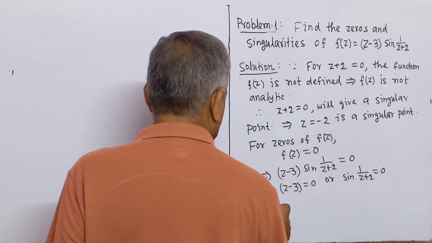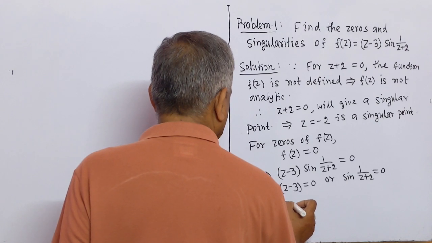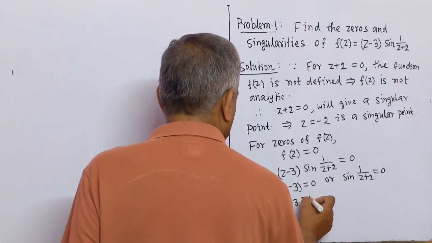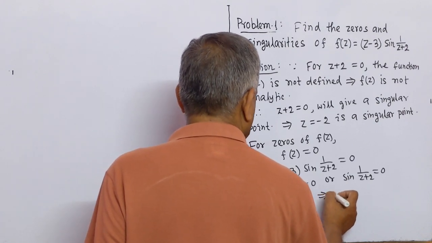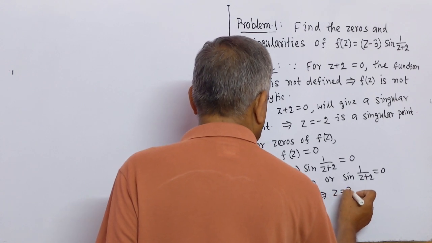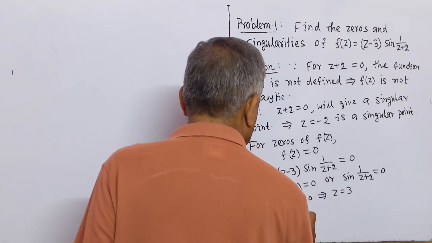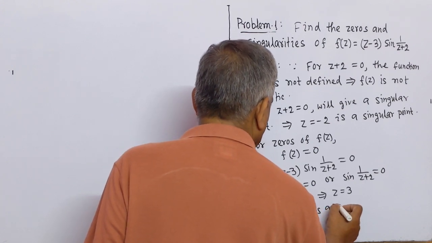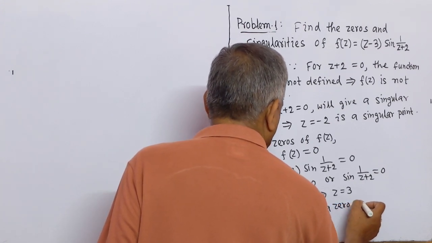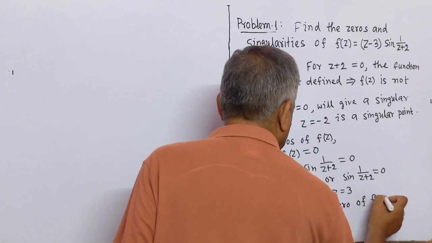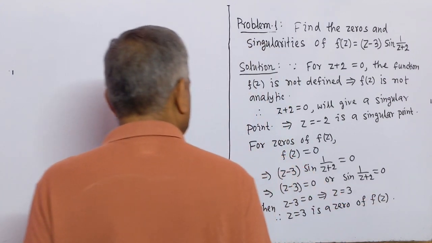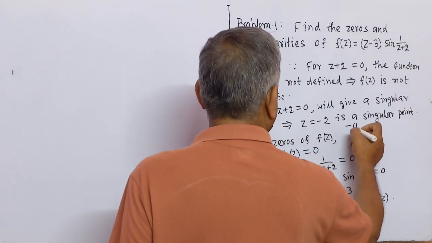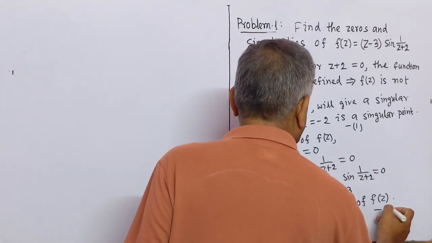When z - 3 = 0, it implies that z = 3. Therefore, z = 3 is a zero of the function f(z). This is number 1, this is number 2.